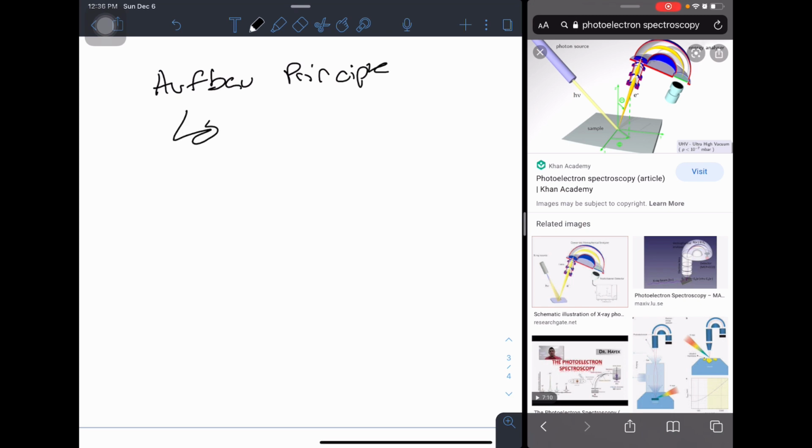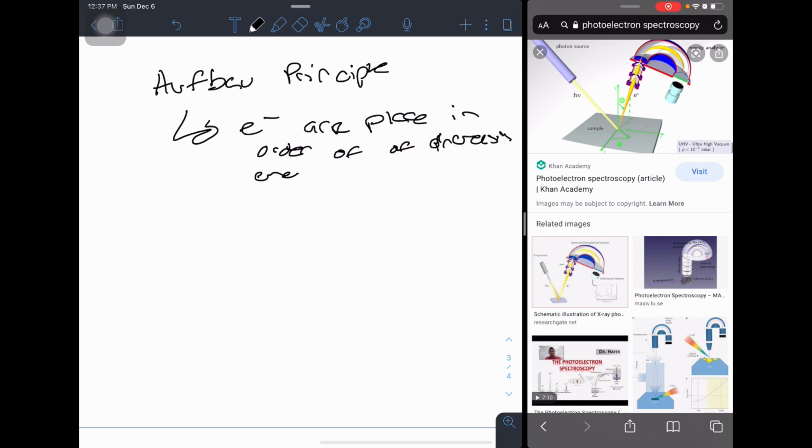Basically, electrons are placed in order of increasing energy. So the most interior electron is placed first, and then you go outward.